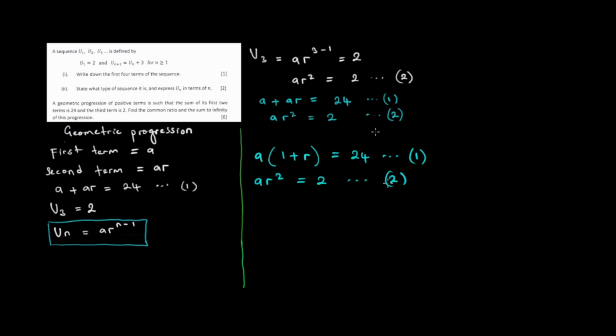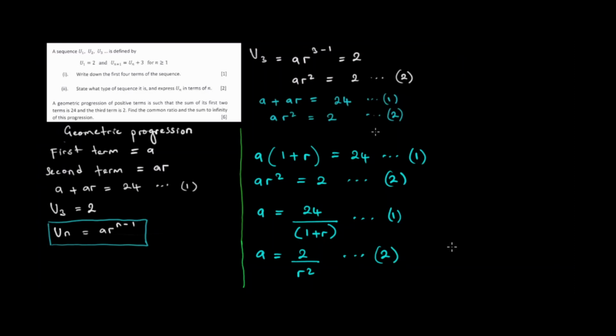Saka a is the subject of formula in the first equation. a ananga equal to 24 over bracket 1 plus r, like that. This is equation 1. And then in the second equation, a ananga equal to 2 over r squared. This is equation 2. Saka tikadai so tinenge taita make a subject of formula.